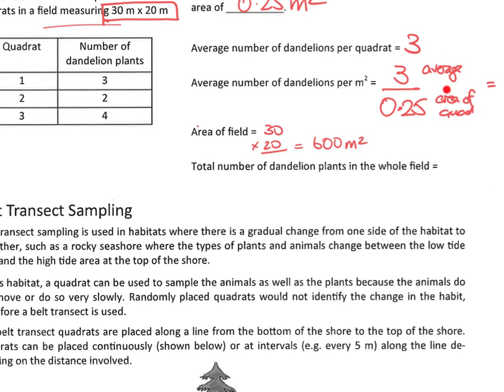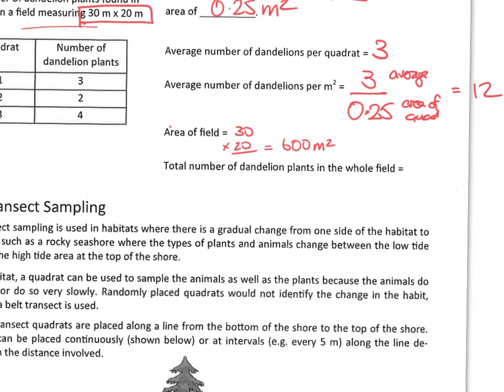What is the average number of dandelions per metre squared? 12, but that was a good while ago. So we said 3 per quadrat, but a quadrat's only 1/4 of a square metre. So that works out at 12 per square metre. We've got 600 square metres, so we need to multiply those together. So it's 12 times 600.